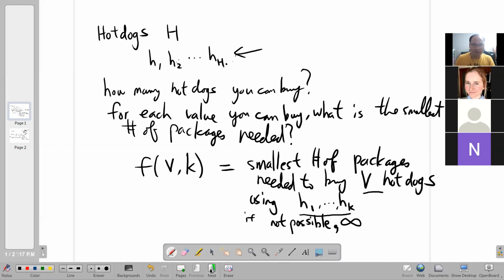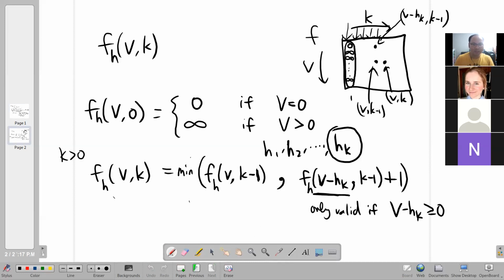Okay, so now there's nothing special about hot dogs. The formula for buns is exactly the same, except that all the H becomes B. So F_B(V, 0) is either equal to 0 or infinity: 0 if V is equal to 0, infinity if V is greater than 0.